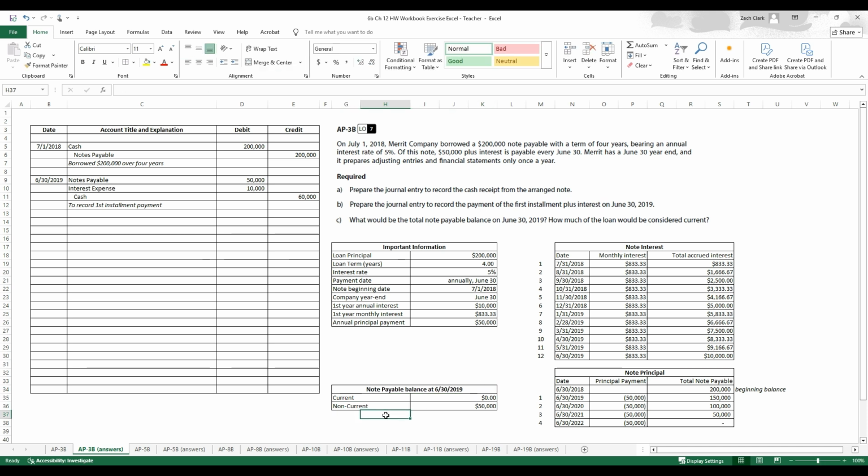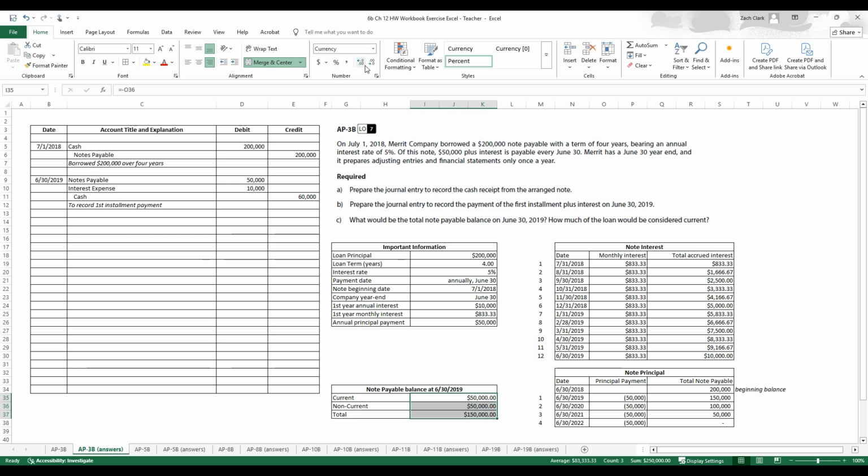And so our total will equal 150,000. The current portion is going to be 50,000. It's the payment we're going to make within the next 12 months.